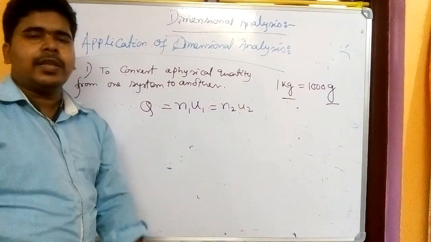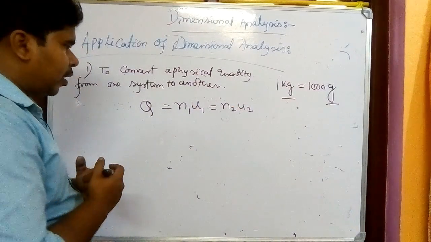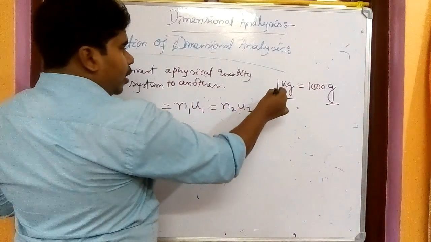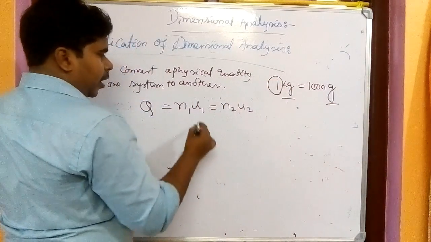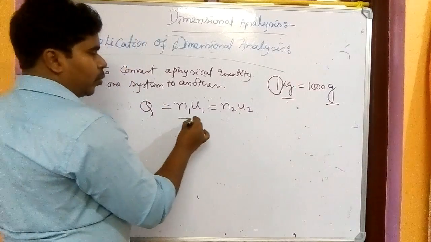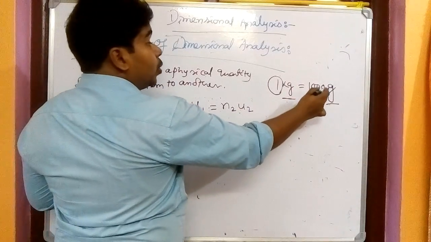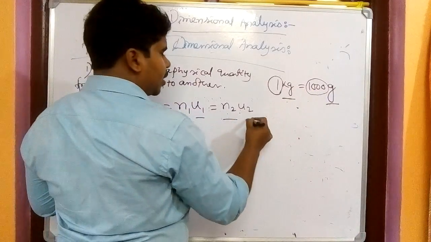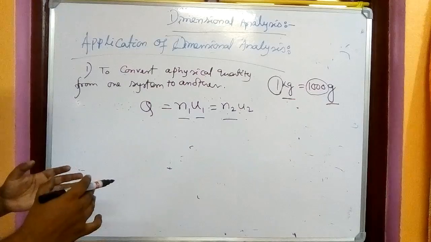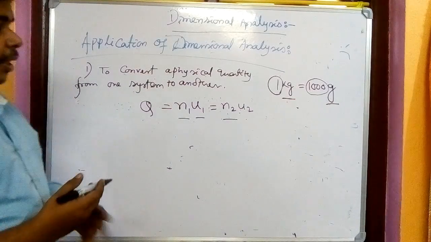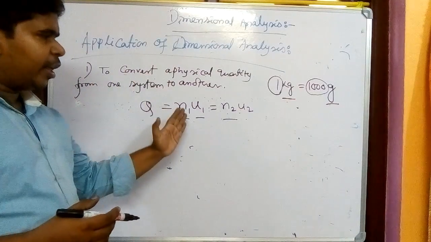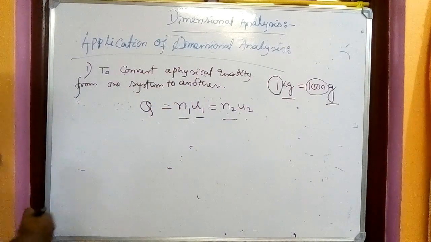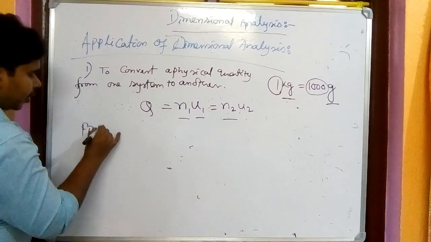Assume it is 1 kg of salt. In SI, the value of N is 1 and the unit is kg, so that's N1 U1. When we take CGS, the value of N changes, so I have taken N2, and the unit is gram, which also changes. So for a constant physical quantity, N1 U1 should equal N2 U2.